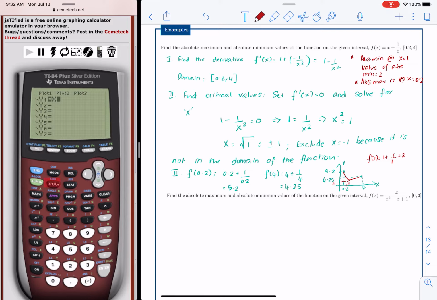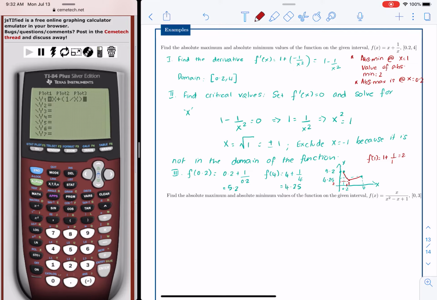I have x plus 1 over x, and I'm going to set the window 0.2 all the way up to 4, and I'm going to set the value between 1 and 6.